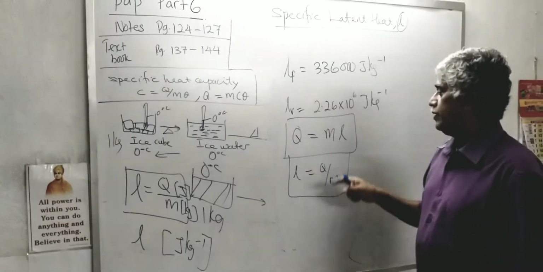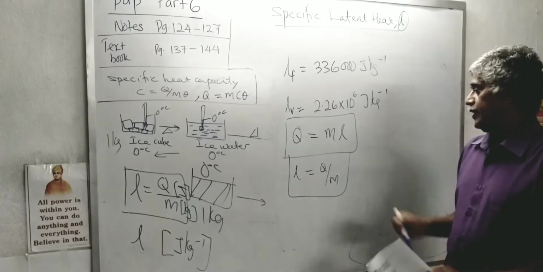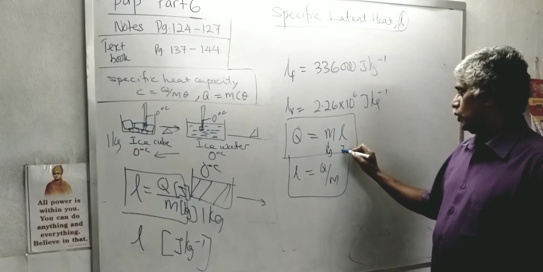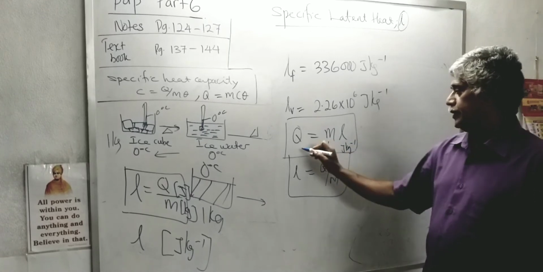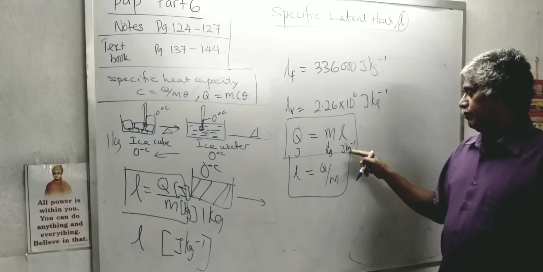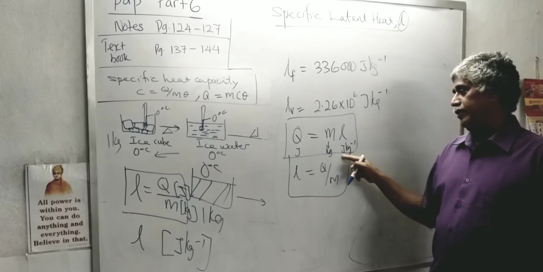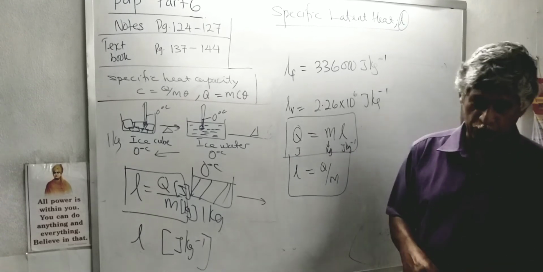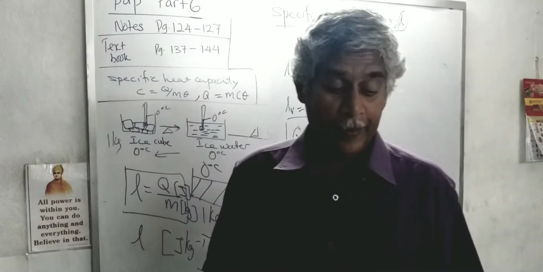The SI unit for this is joule per kilogram. Joule divided by kilogram gives joule per kilogram. So this is how the formula is used to solve problems. That's a short concept that we are going to learn today.